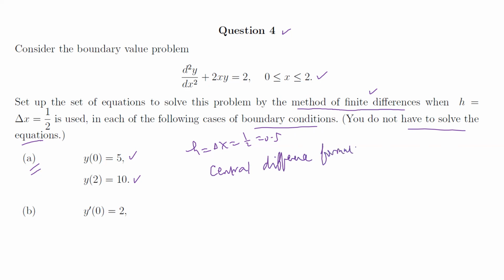Right, so we need to set up equations to solve this problem. To set up the equations, we let xi denote the grid points. You remember this when we did the ADI and the SOR and it comes up. So denote the grid points.